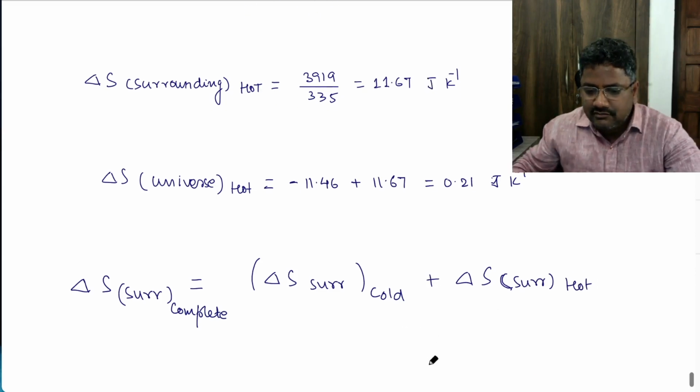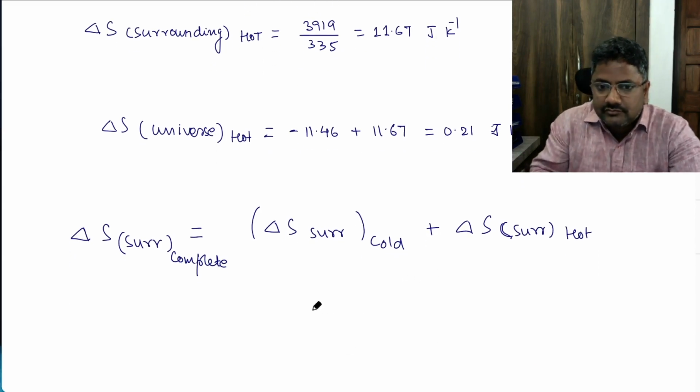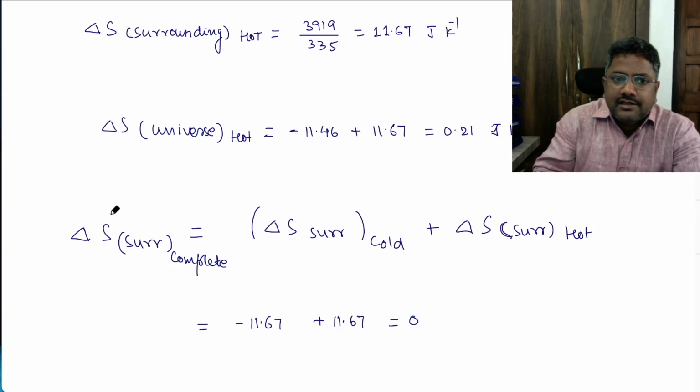So this is equal to minus 11.67 and plus 11.67. So this is equal to 0, right?